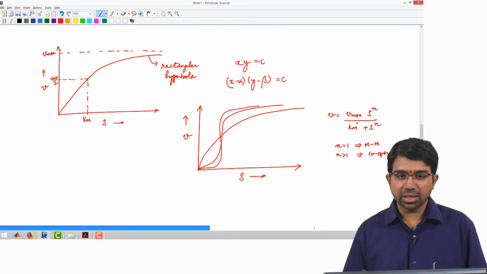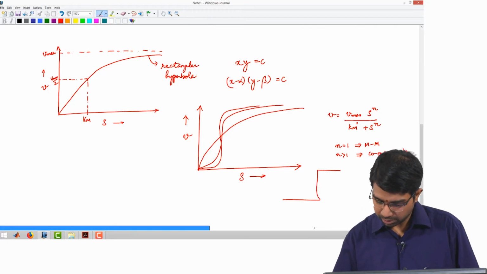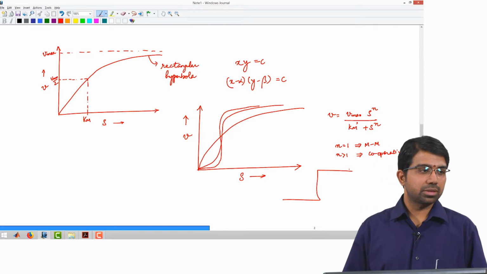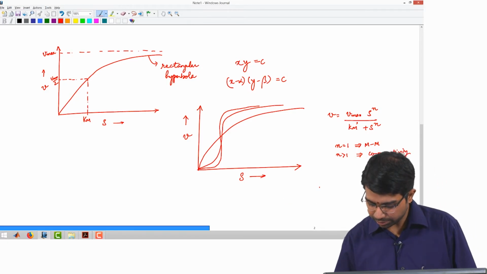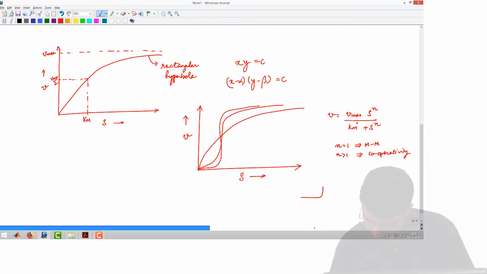So, as n increases, it will be like a binary step. It becomes more switch like. For high n, switch like behavior, right.